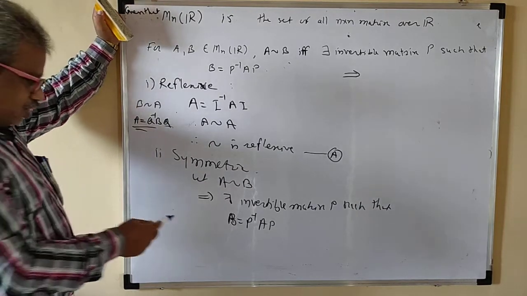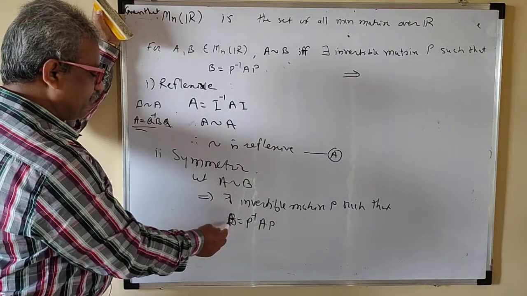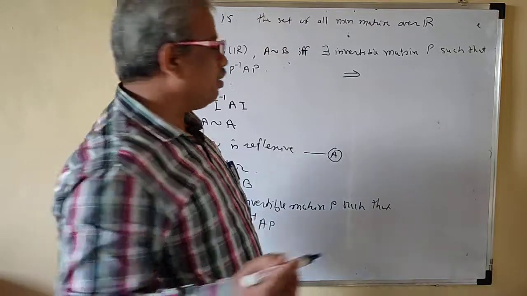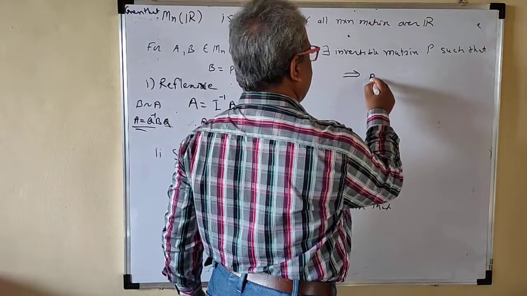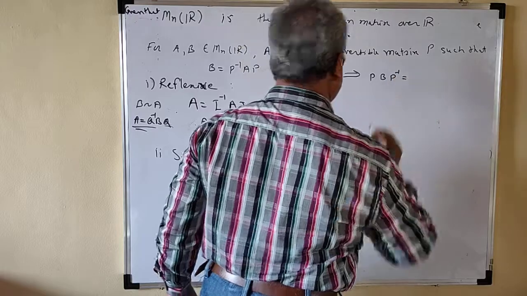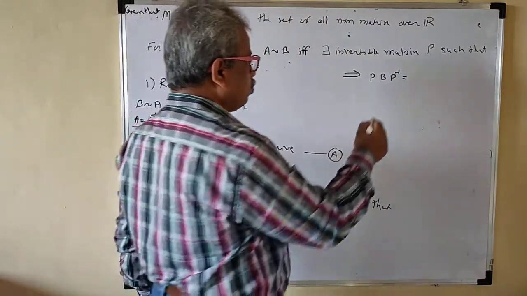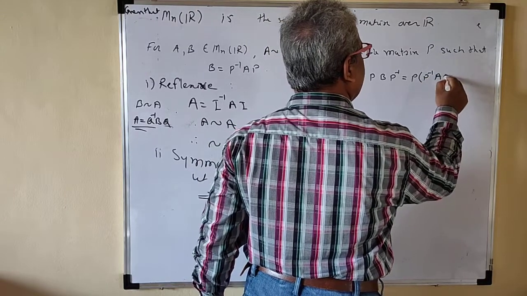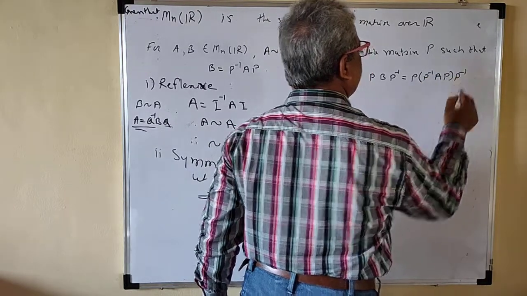Since P is an invertible matrix, I can multiply by P on one side and by P inverse on the other side. So I can write P B P inverse, which is equal to P times P inverse A P times P inverse.